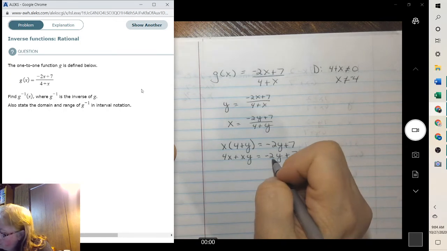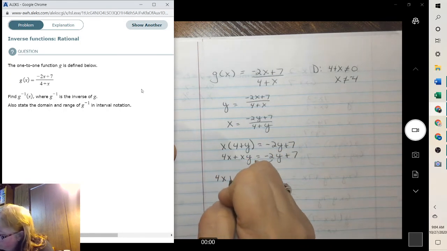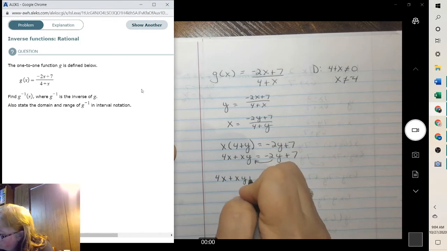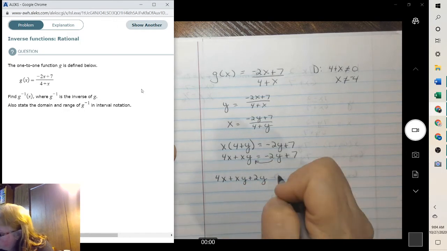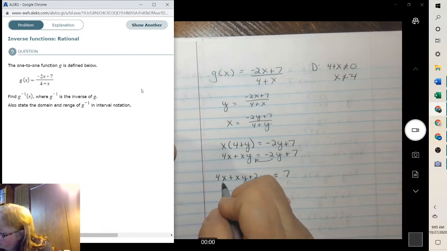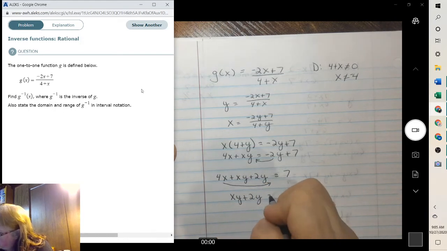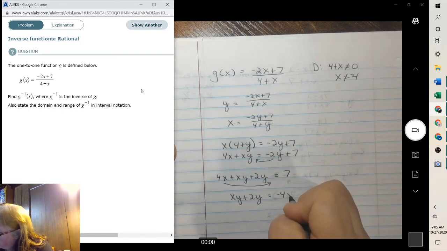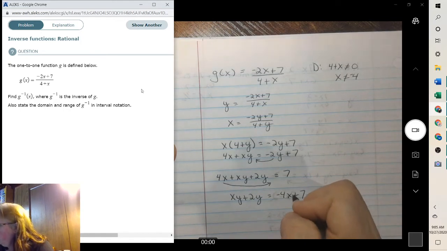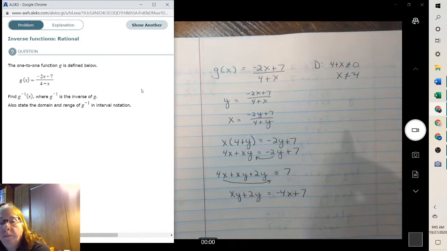I'm going to add the 2y over. Bring the 4x to the other side. You need to move them around because you want the y's on one side and everything else on the other.